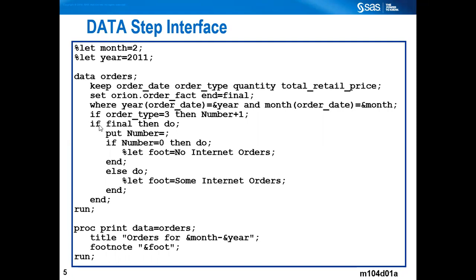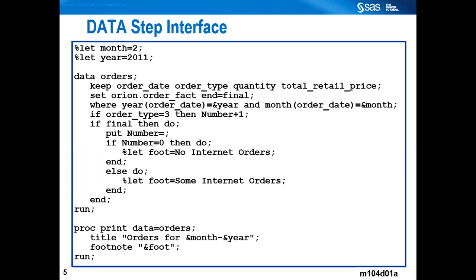So that's the condition you're giving: if it is last, because until the last observation has been read, you cannot create this foot as your macro variable. Why? Because it will result in your output report footnote at the bottom only when your data has been processed. Hence you are creating this macro variable only when it is the last observation. Hence if final means, indirectly, if final equal to 1.